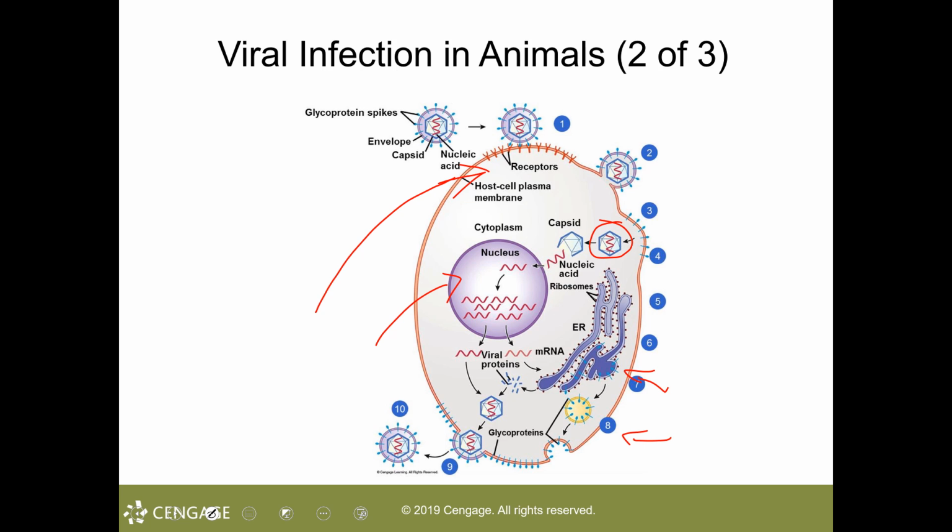At number 8, the vesicles can then transport the glycoproteins to the host cell's plasma membrane. And then at 9, new viruses are assembled and enveloped by the host cell plasma membrane. And 10, viruses are released from the host cell.